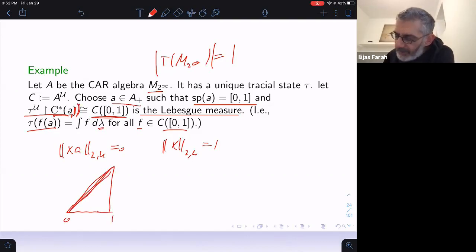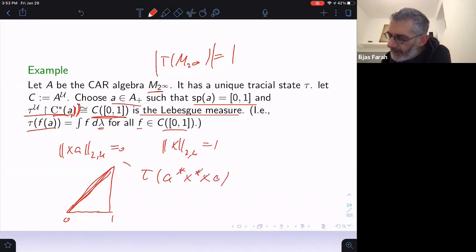Now let me just write it down. What xa = 0 in 2-norm means is that tau of a* x* x a is equal to 0.